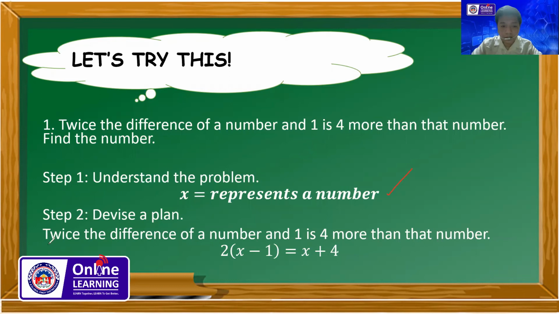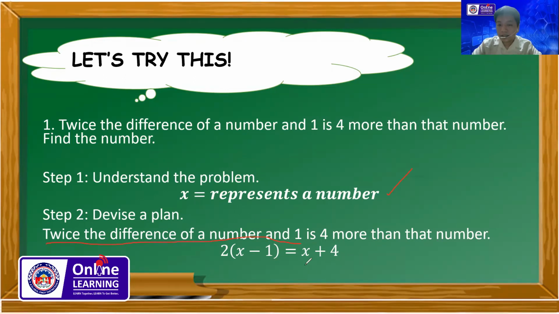If you notice, we have twice the difference of a number and 1, meaning a difference dealing with the number and 1. Then we will multiply it by 2, since we have the word twice. The interpretation is 2 multiplied by x minus 1 equals x plus 4.